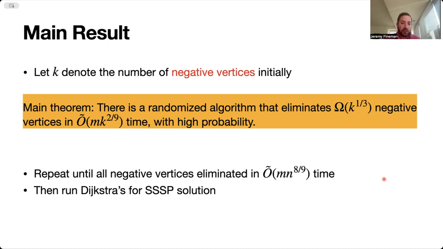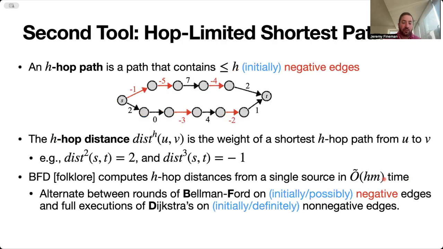So what are the tools to do this efficiently? Well, one of the existing tools is hop-limited shortest paths. So I will define a path as an h-hop path if it contains at most h negative edges. This path along the top has 3, so this would be a 3-hop path. The path along the bottom has 2, so it would be a 2-hop path.